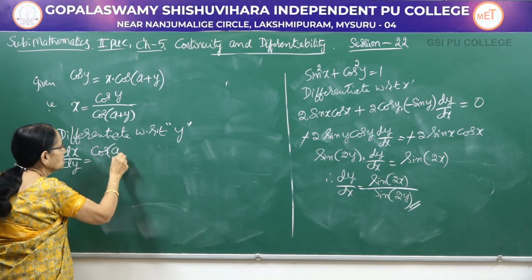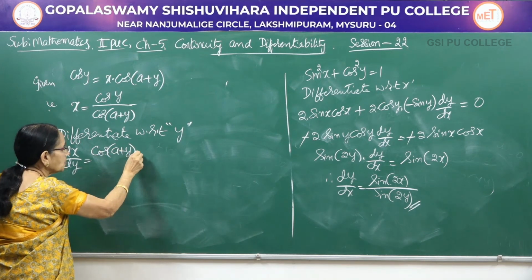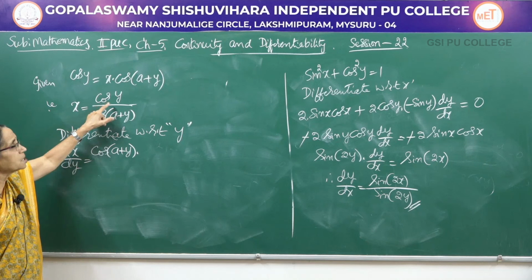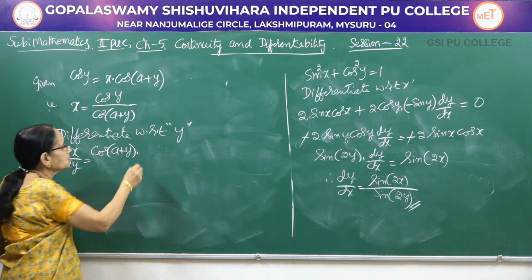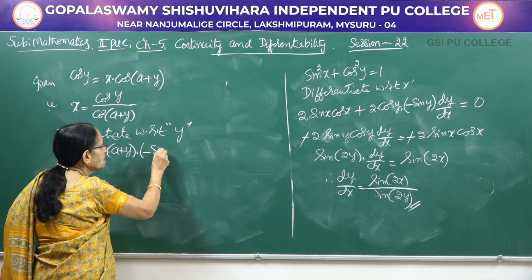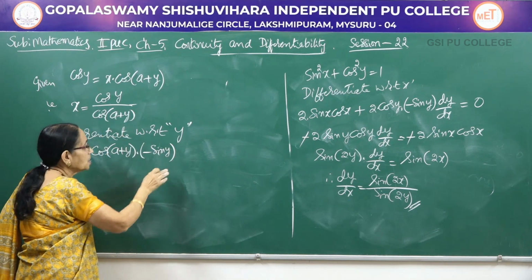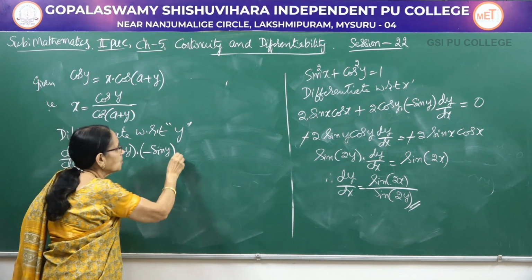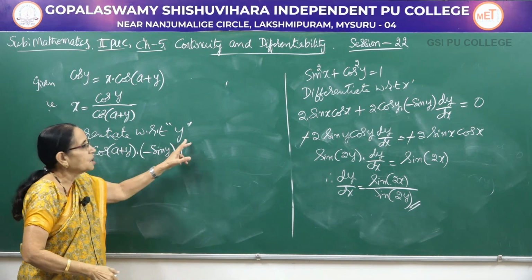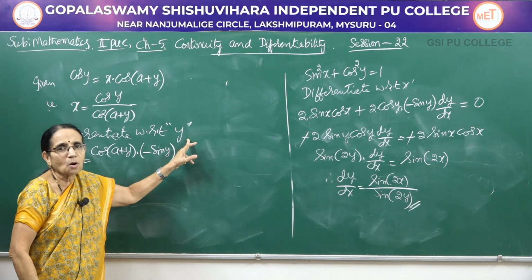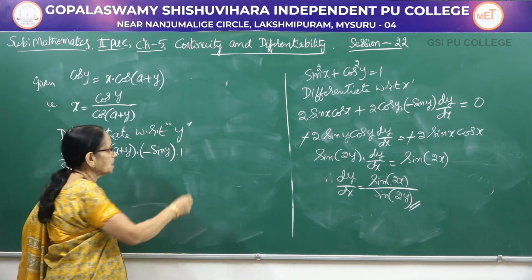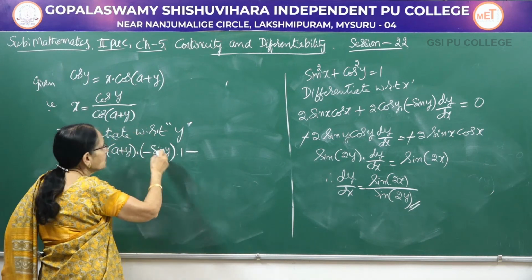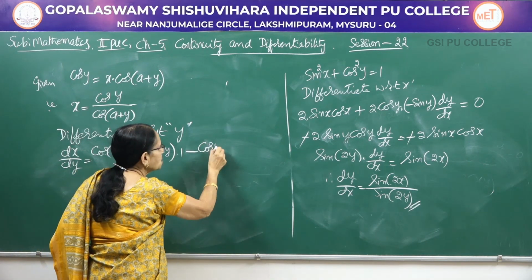Denominator, that is cos of a plus y, into the derivative of the numerator. Cos y becomes minus sin y. For y, don't write dy by dx here. Y it is 1, because we are differentiating with respect to y here. Then minus numerator. What is the numerator?